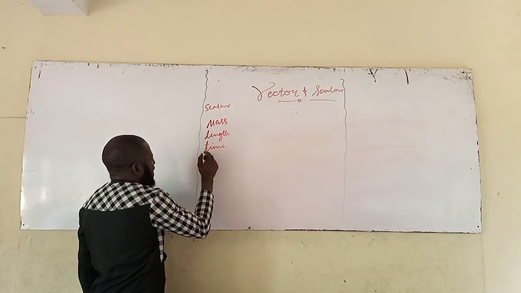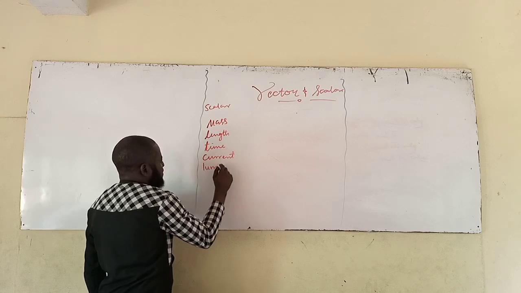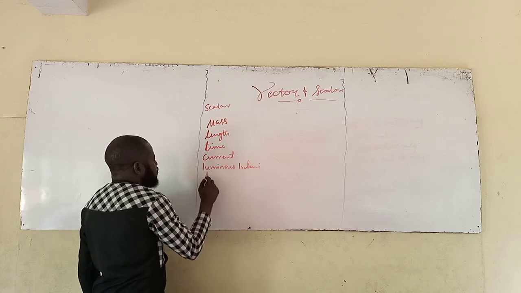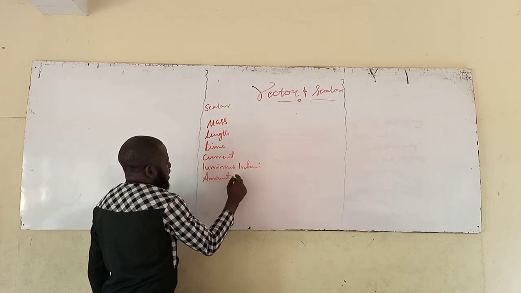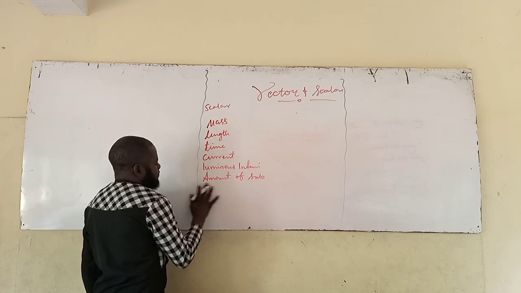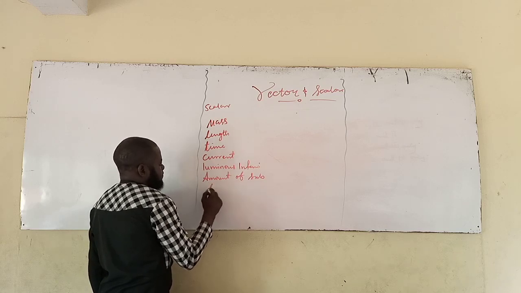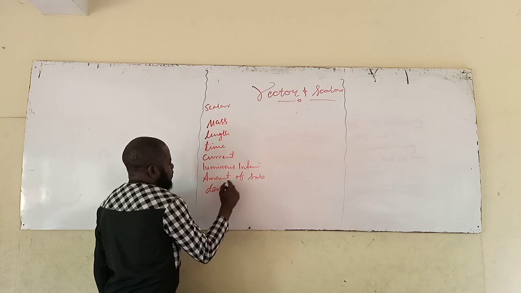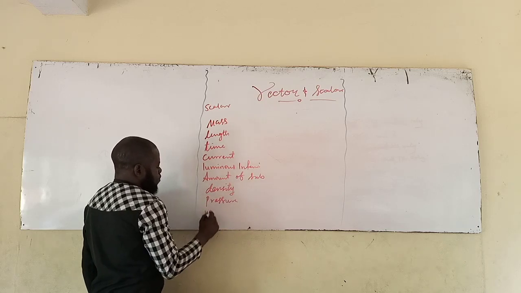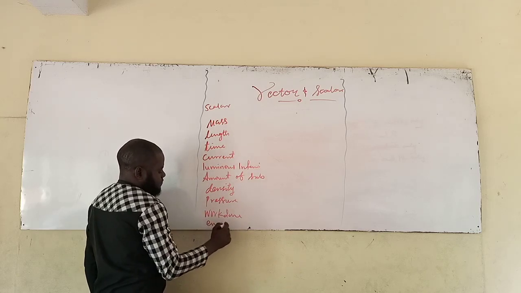Mass, length, time, current, luminous intensity, amount of substance, magnetic, we have density, we have pressure, we have work done, we have energy.